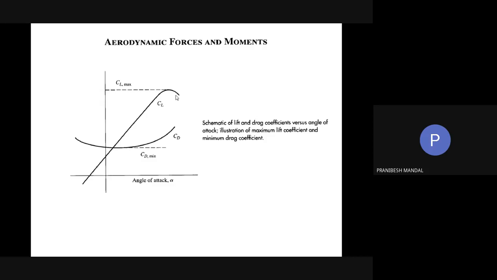The limiting CL might have come earlier. Suppose this angle is 20 or 21 degrees; in stormy conditions that can be reduced to 15 to 16 degrees, and from this point these may come down.